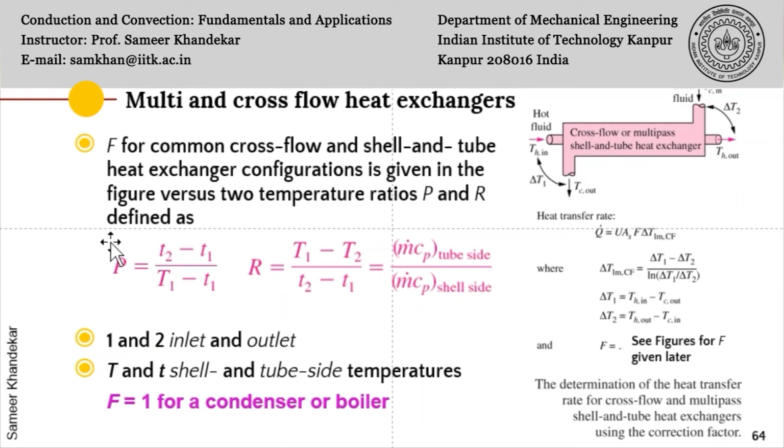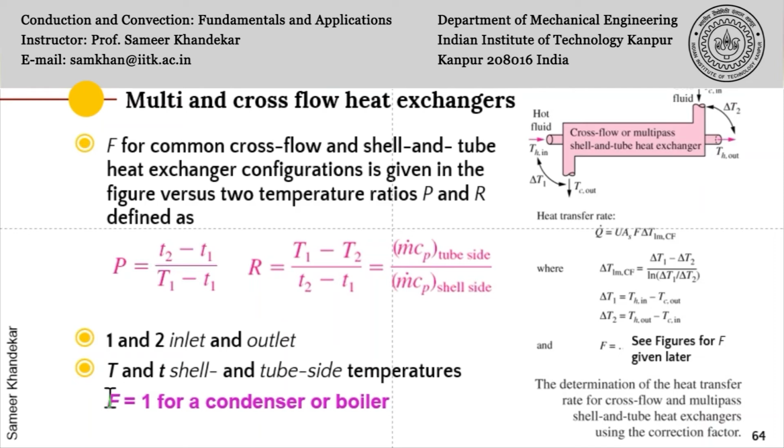Since you know the temperatures, you will be able to find P and R, and once P and R are known, F can be read directly from the figures. Just note that the subscripts 2 and 1 represent outlet and inlet, and the capital T and small t represent the shell side and the tube side temperatures.